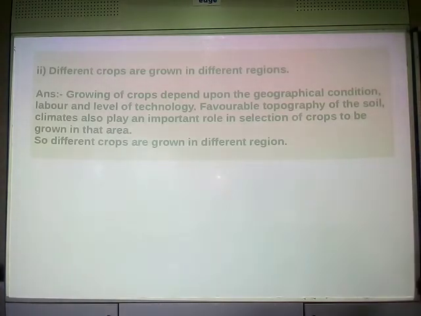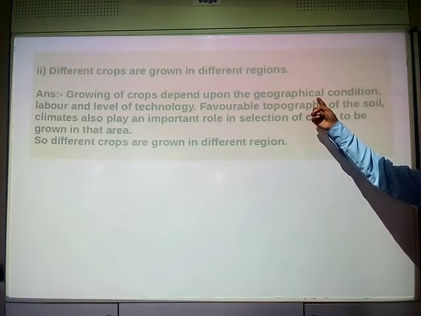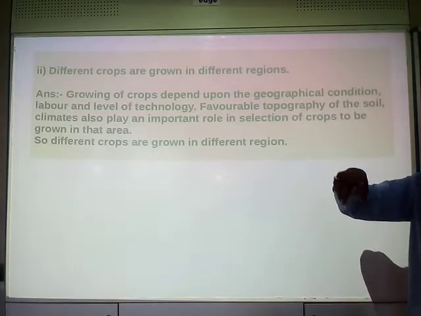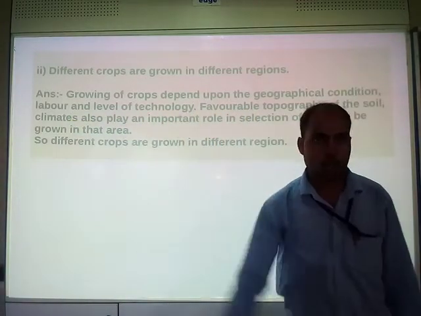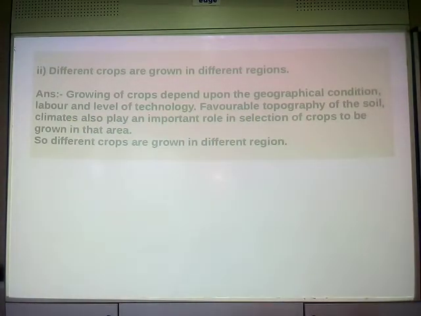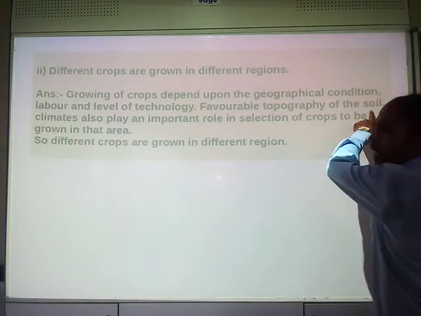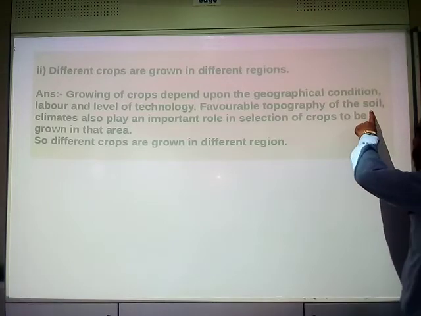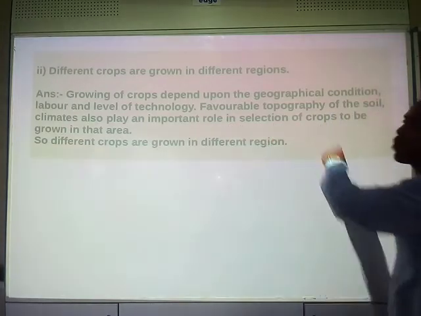Mind you, on what factors does the growing of crops depend? They depend on geographical condition, topographical condition, labor, and level of technology, what kind of technology we are using. So growing of crops depends on these factors. Favorable, suitable topography of the soil also plays an important role.